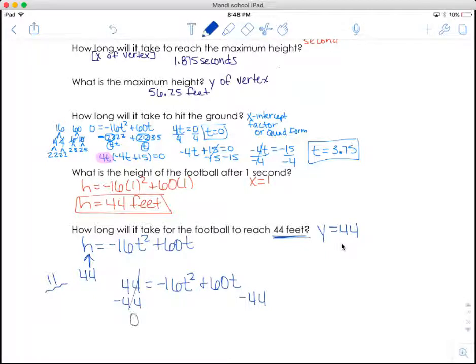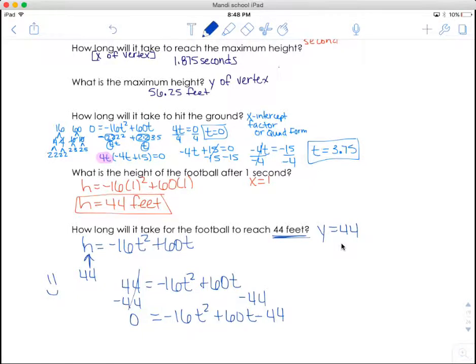It has to equal 0. Negative 16t squared plus 60t minus 44. And I told you in class the other day that, so now we can take this, and now it's a happy face because we did it right.